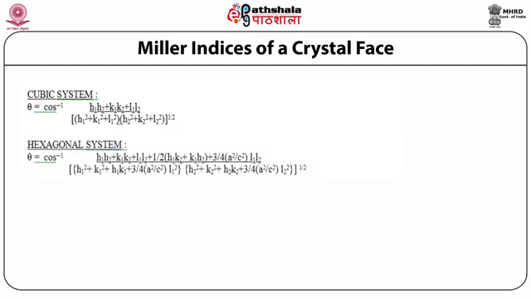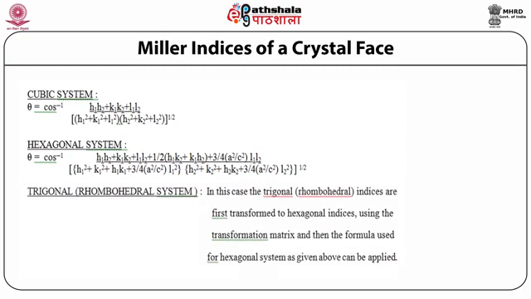For hexagonal system, theta is given by cos inverse h1 h2 plus k1 k2 plus 1 upon 2 into h1 k2 plus k1 h2 plus 3 by 4 a square by c square l1 l2 upon h1 square plus k1 square plus h1 k1 plus 3 by 4 a square by c square l1 square into h2 square plus k2 square plus h2 k2 plus 3 by 4 a square by c square l2 square, raised to 1 by 2.